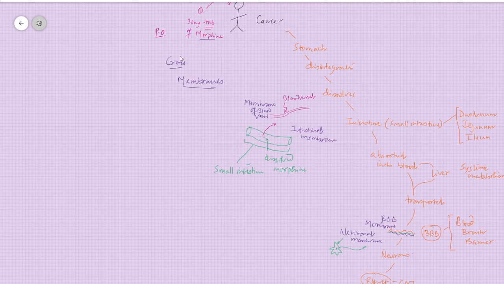So the important point is that drugs need to cross membranes. That's the important point that we need to remember. Drugs need to cross membranes for their action, to produce an action.